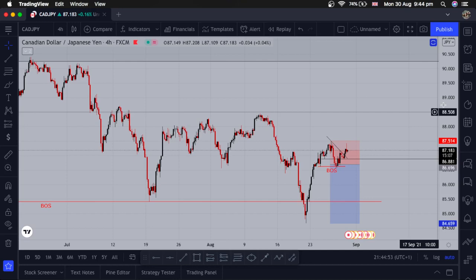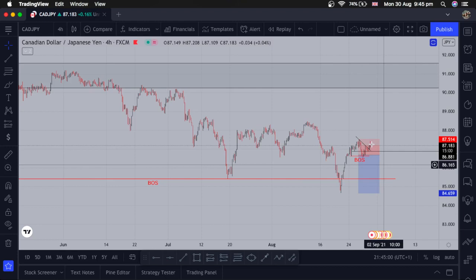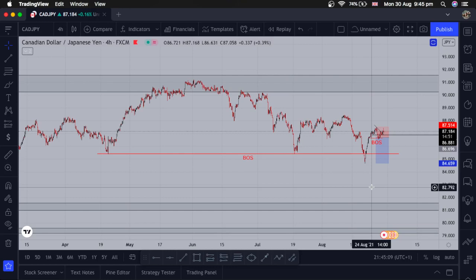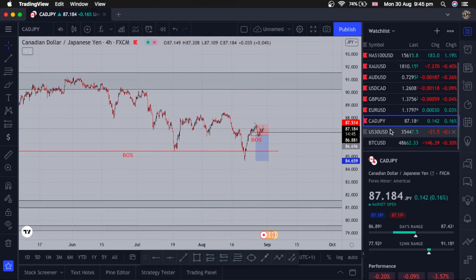Another confirmation is we have a huge break of structure right here at a retest, and we should be able to see a huge continuation to the downside. So I will make another video to update you guys on these trades that I'm in and see how it goes.